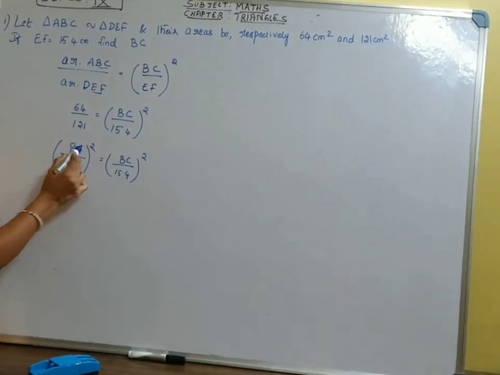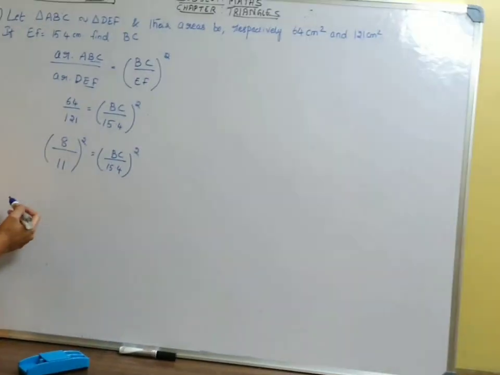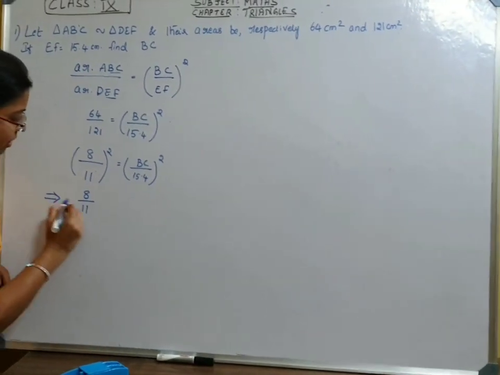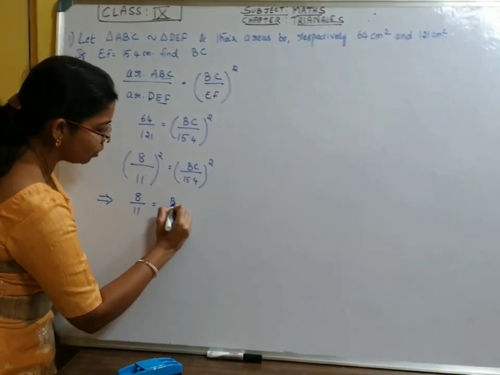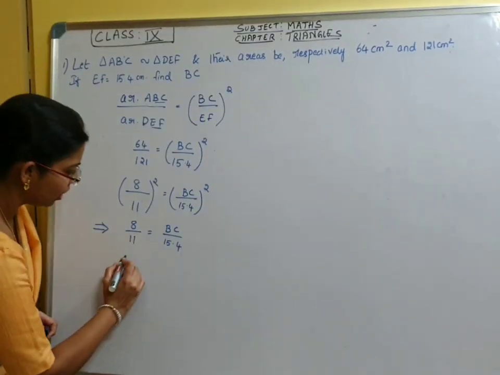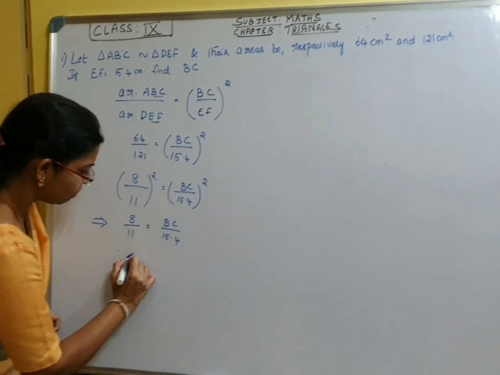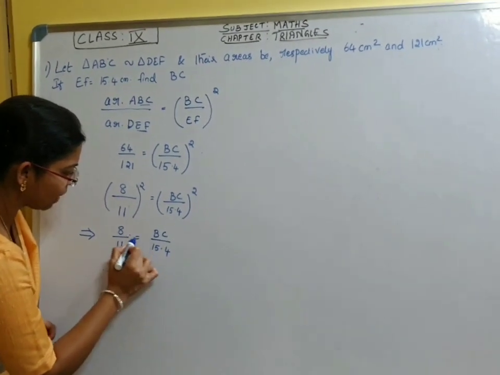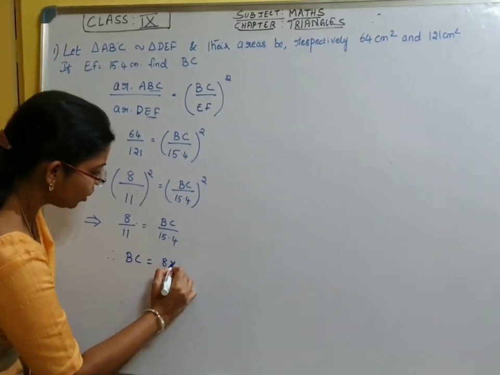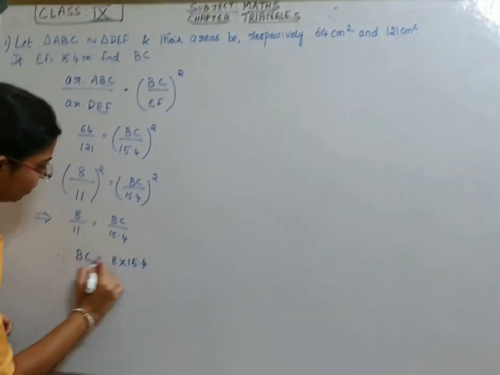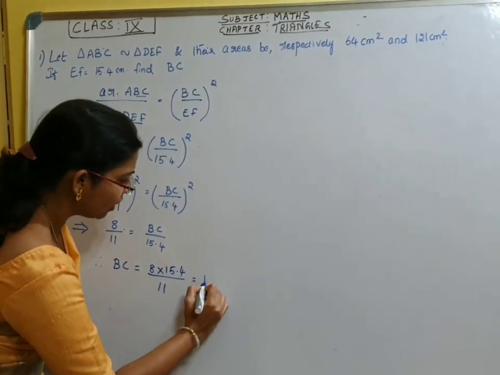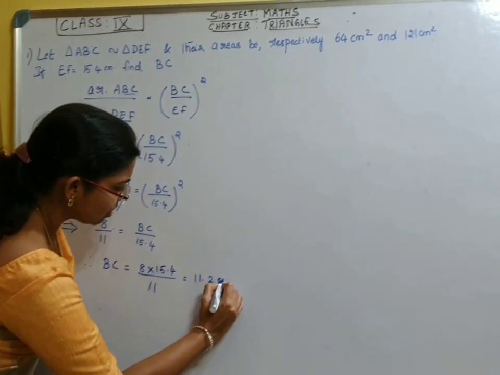By taking the square roots, we can remove the squares. This implies 8 by 11 is equal to BC by 15.4. Therefore, cross multiply. BC is equal to 8 into 15.4 by 11, which is nothing but 11.2 centimeters.